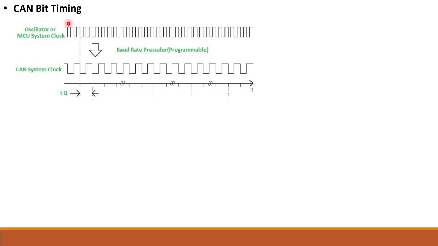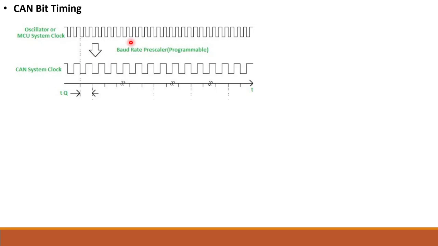Here on the system clock, we have one division factor, the baud rate prescaler. For example, my system clock is 100 megahertz and my baud rate prescaler is 10. Here we divide by 10. 100 megahertz divided by 10, then I will get 10 megahertz. This is nothing but my CAN system clock.